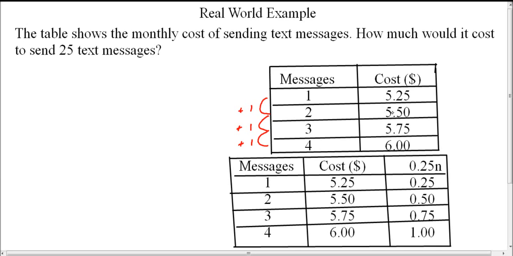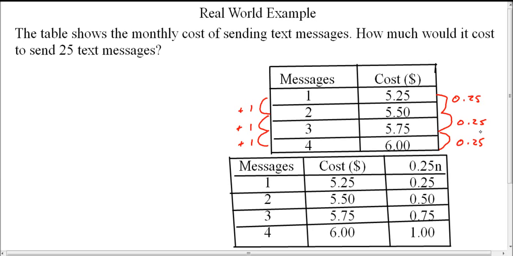So if we subtract $5.25 from $5.50, we will get 0.25. Then of course we go to the next message, and if we subtract $5.50 from $5.75, we will also get 0.25. And if we subtract $5.75 from $6, we will get 0.25.